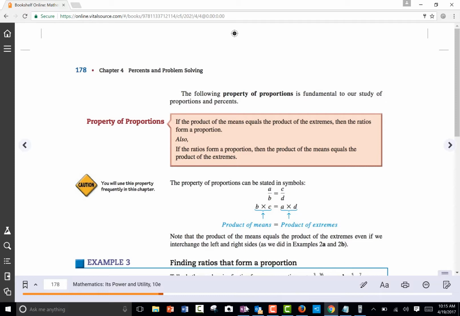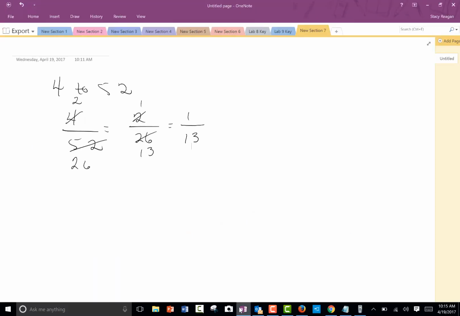So if I take a look at one proportion, which is made up of two ratios, in example 3, it says, tell whether each pair of ratios forms a proportion, and it has 3/4 and 36/48. You take the top number on the left and multiply it by the bottom number on the right, and then the same thing with the bottom number on the left and the top number on the right. If those two things come out equal, then it is a proportion.